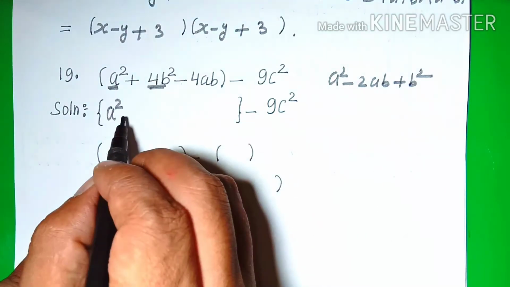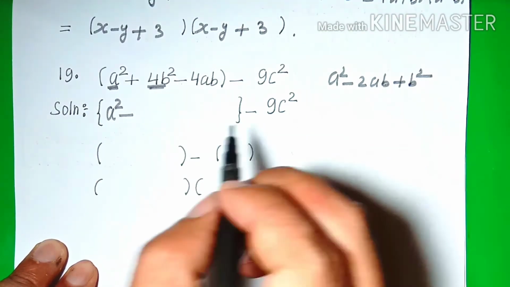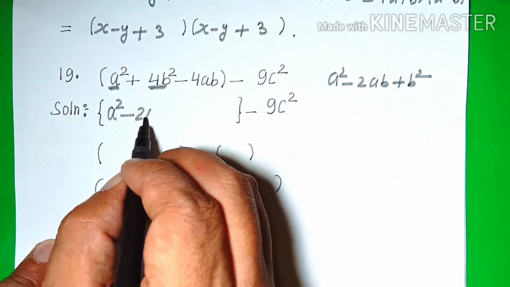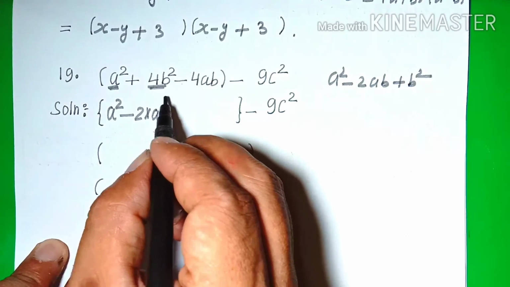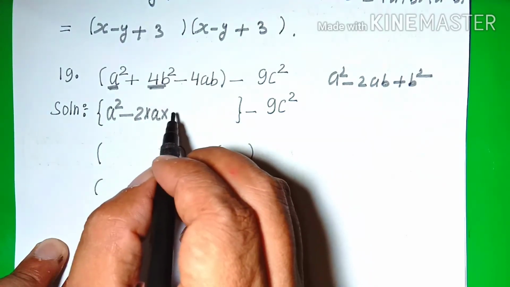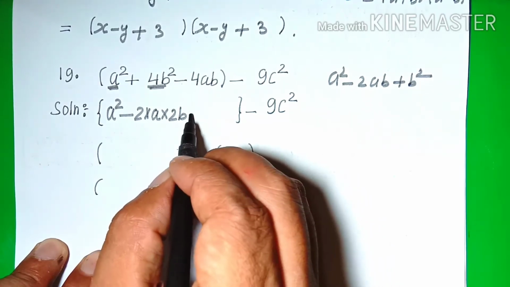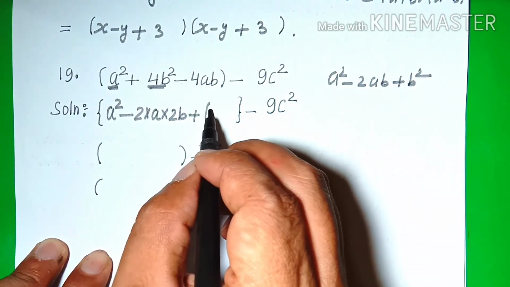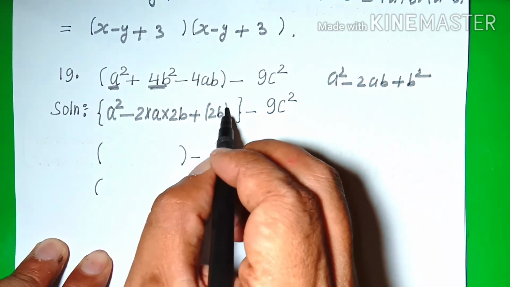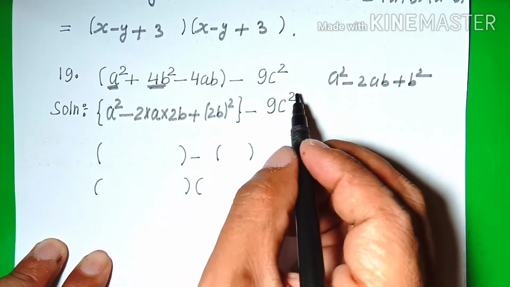Now minus sign. After that 2 into a into b: 2 into a, a means only the letter a, and b part, 4 is a perfect square of 2. So 2 with the variable b, plus b square, which means 2b the whole square, minus we can drop 9c square.